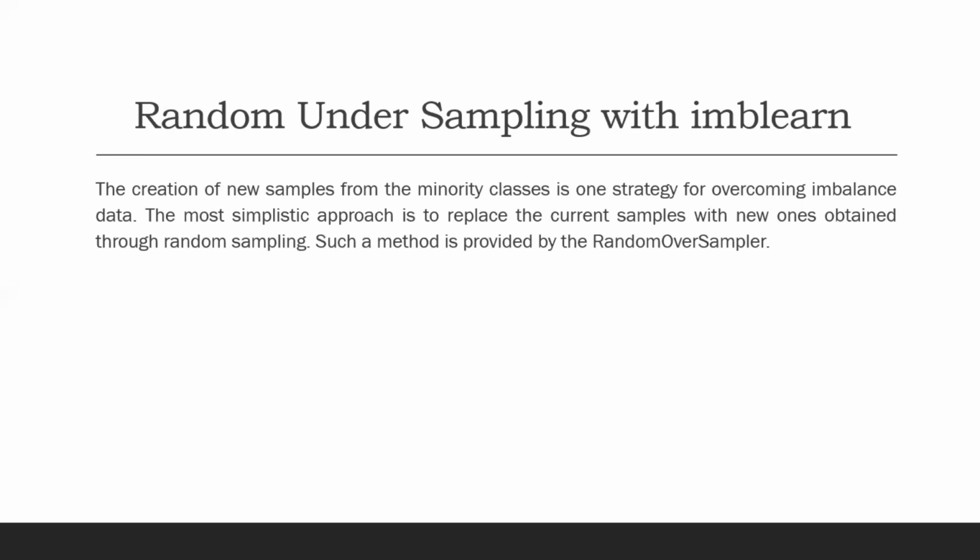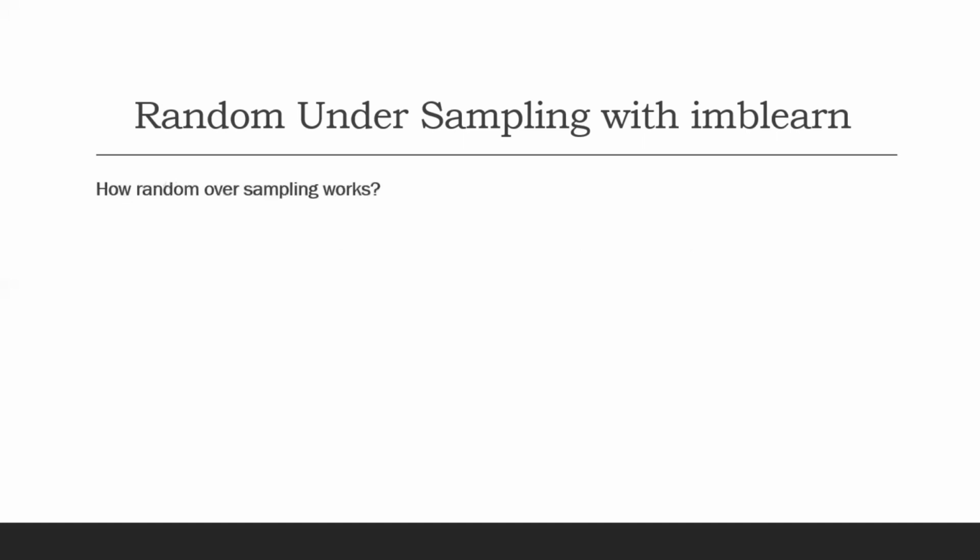The creation of new samples from the minority classes is one strategy for overcoming imbalanced data. The most simplistic approach is to replace the current samples with new ones obtained through random sampling. Such a method is provided by the RandomOverSampler. So how does random oversampling work?